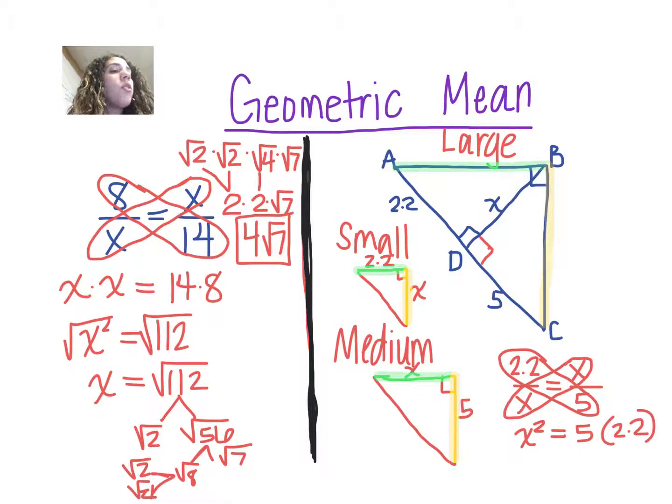I'm not going to go through the entire process of solving for x here, but if you're using a calculator and then you take the square root, you're going to end up rounding since we have the decimal here. So yeah, I hope that was helpful and maybe helps you understand geometric mean a little bit better. Have a great day.